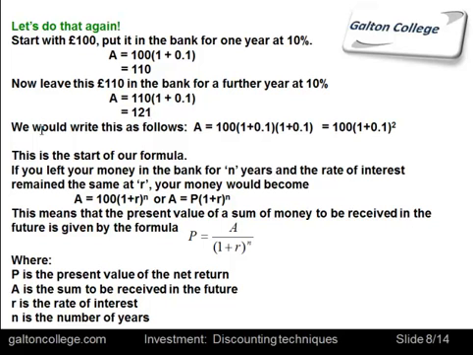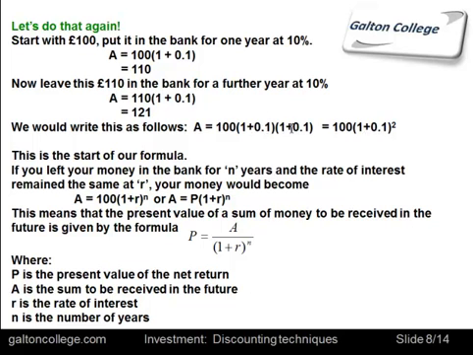Now we could write this as follows. A equals the £100 we put in times what we get back after the first year and the second year, or is equal to 100 times 1 plus the rate of interest, 0.1, times 1 plus the rate of interest, which is 1 plus r squared.